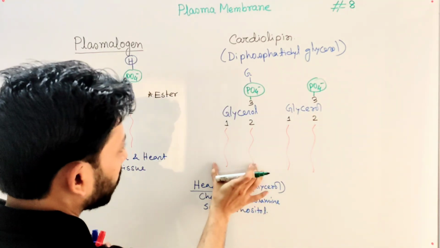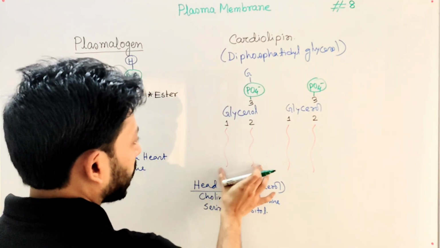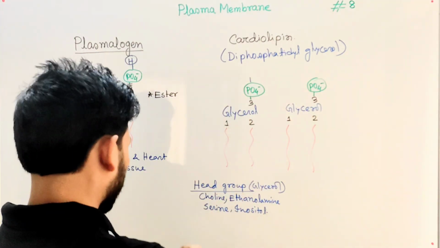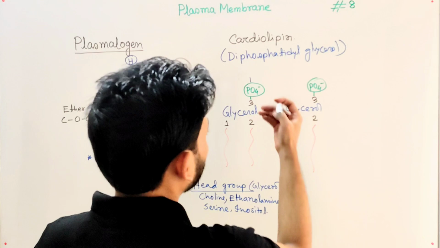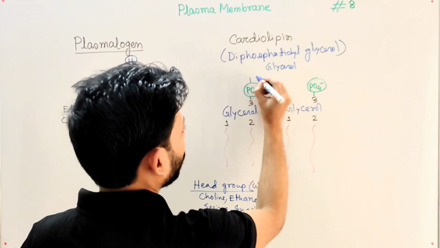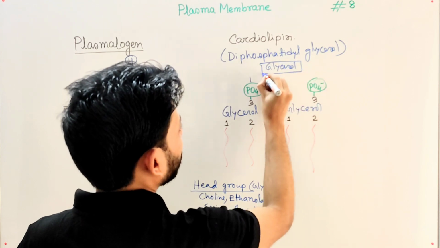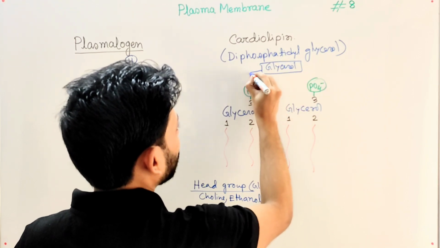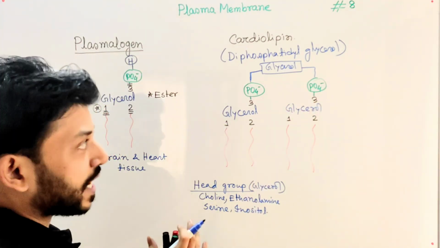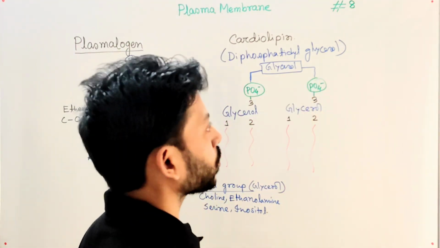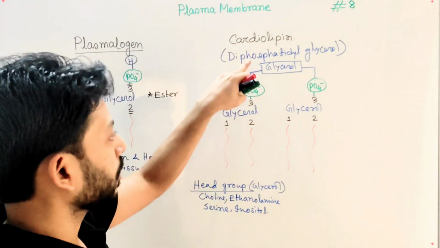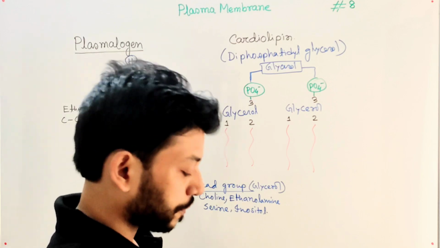So basically, this structure is phosphatidylglycerol. This structure is also a phosphatidylglycerol. Now, these two molecules are attached with a common glycerol. Let's suppose the glycerol here is the head group, and this glycerol attaches with this structure and with this structure. When two phosphatidylglycerols are present and the head group is common, then we call it diphosphatidylglycerol, and this is the chemical name of cardiolipin. So the structure of cardiolipin looks like this.